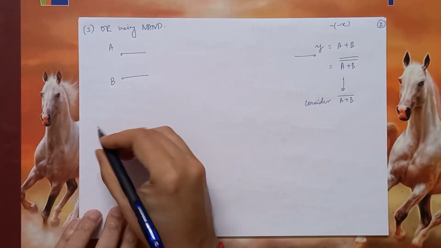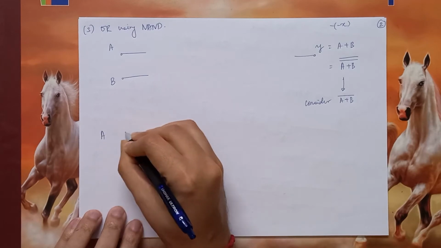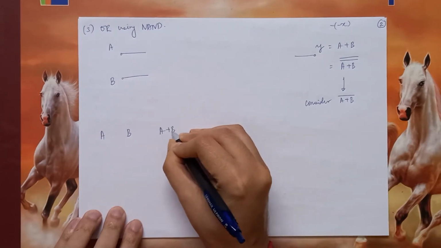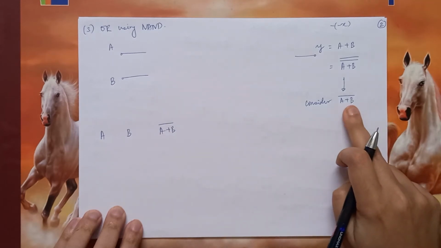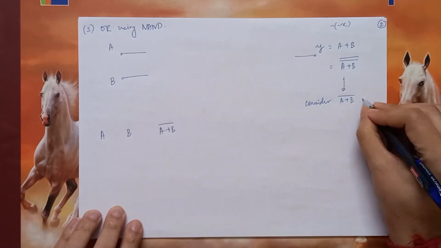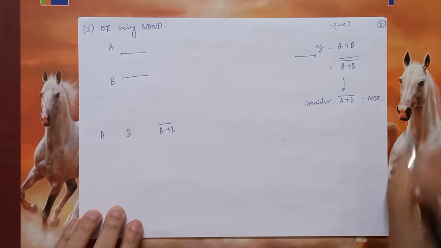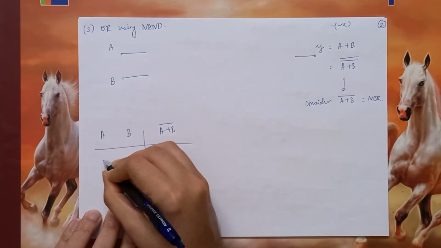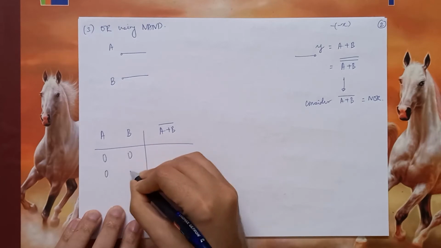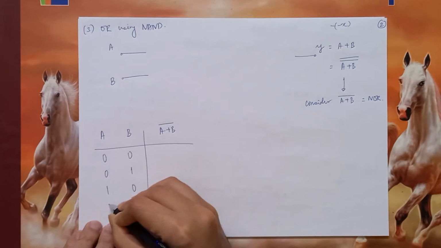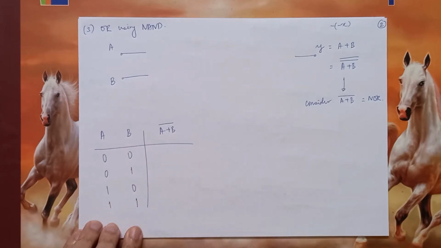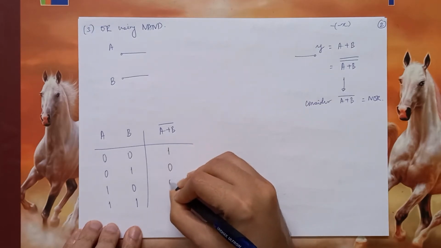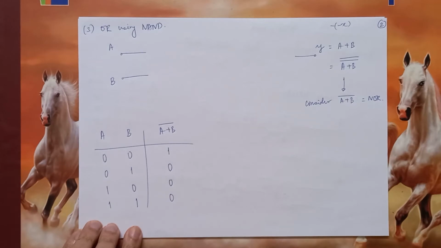Now, suppose I write a truth table. This a plus b, the whole bar, is nothing but a NOR operation. So, we already know what the NOR looks like. A NOR is just the opposite of OR. Here it's 1 and the rest are zeros.